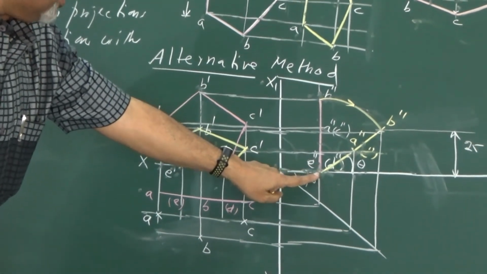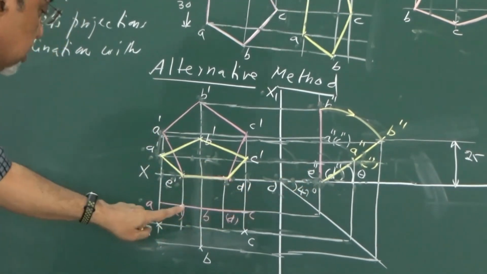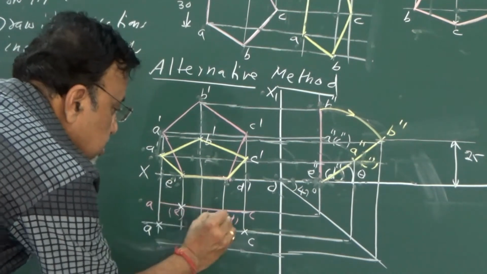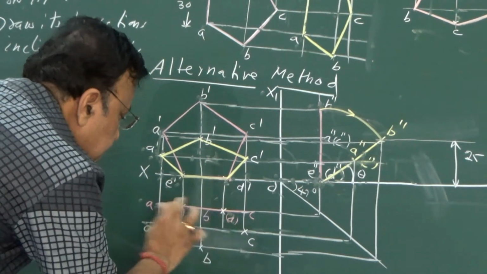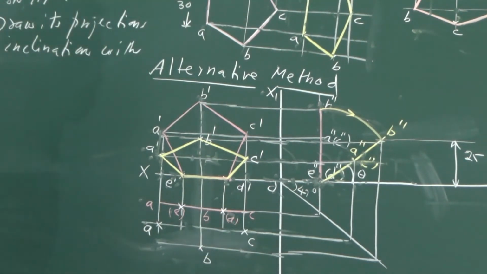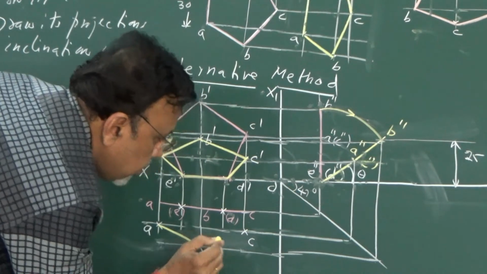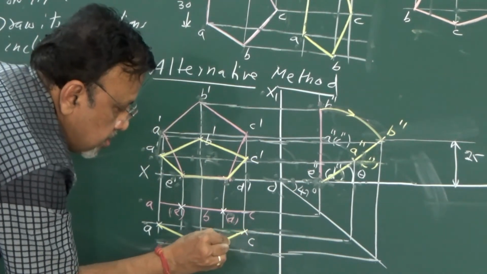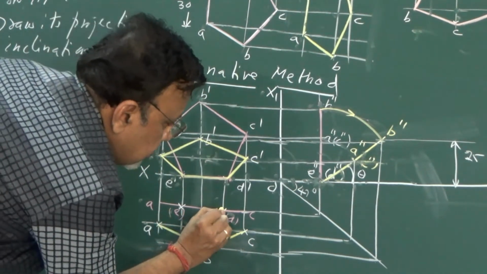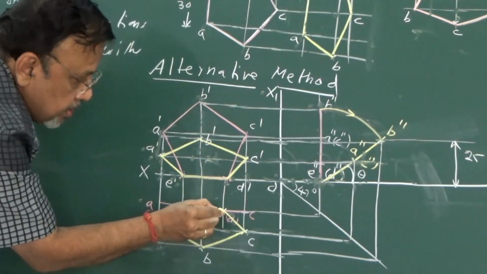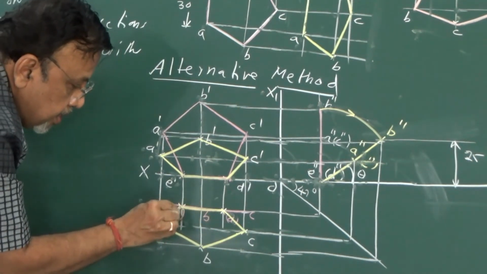Now you can see A and E by this distance, that is this point, and D and E on these points. Now join them in the proper sequence, that is A to B, B to C, C to D, D to E, E back to A.